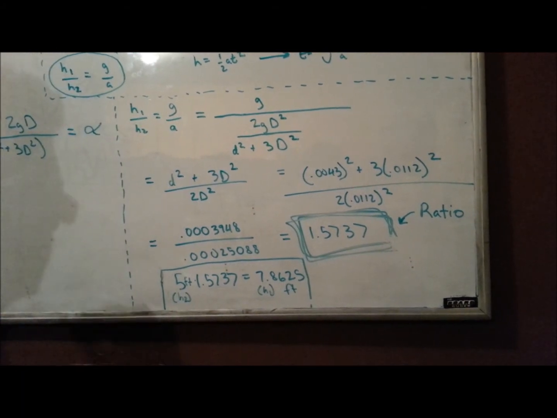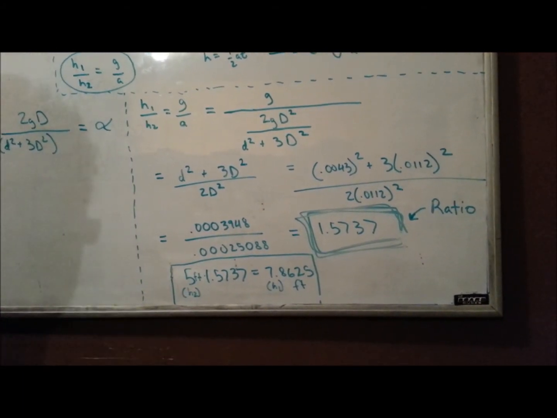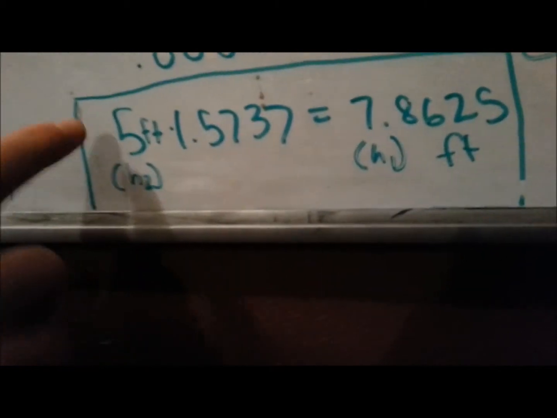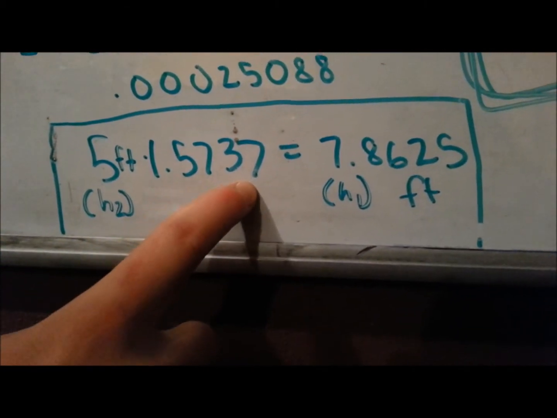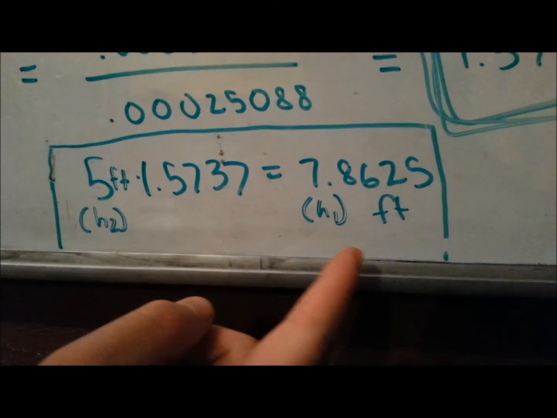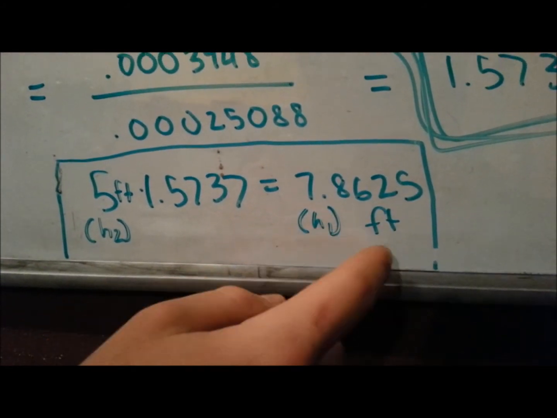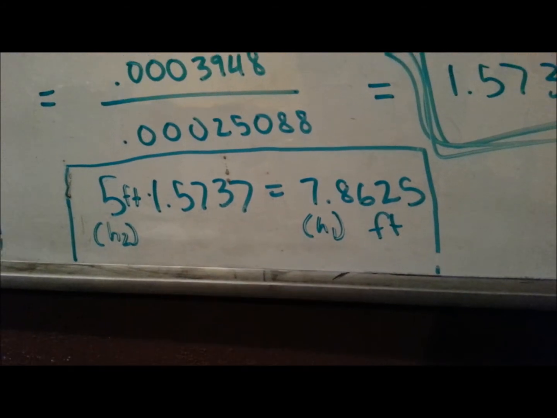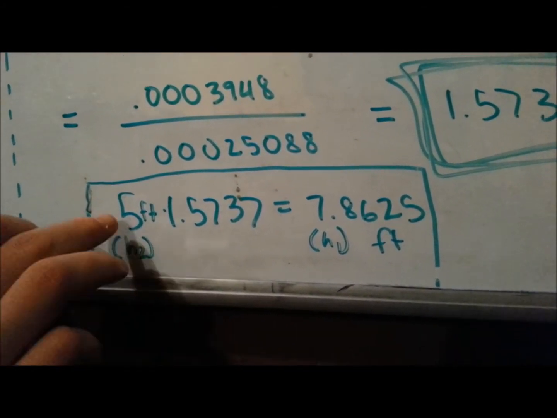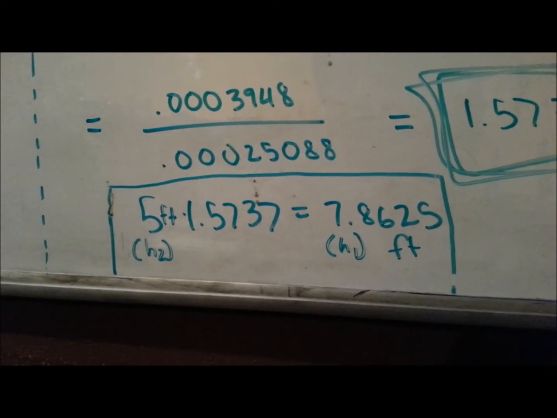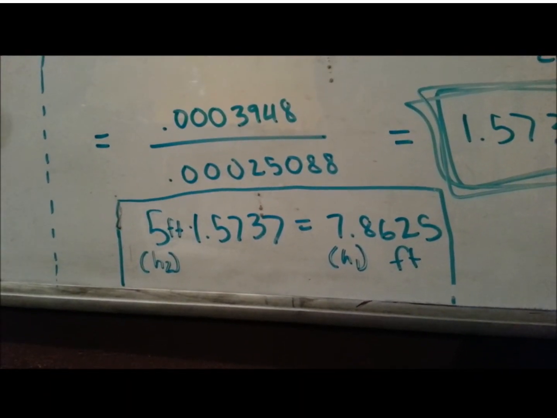We picked our baseline for the unraveling toilet paper to be 5 feet. So we took 5 feet and multiplied it by our ratio, 1.5737, and got 7.8625 feet. So 7.8625 feet is where the roll that is not unraveling will be dropped from, and 5 feet is where the unraveling roll will be dropped from, and they will land at the exact same time.